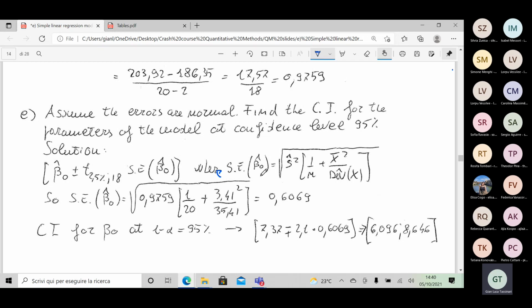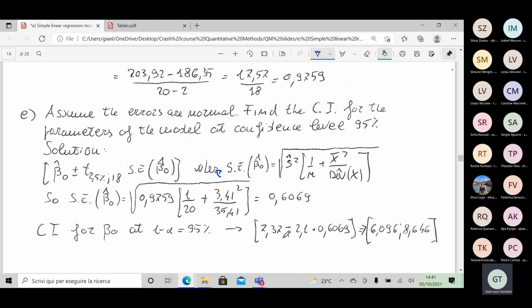So this is the standard error of beta 0: square root of S hat square times (1 over n plus x bar square divided by the deviance of x). So to build the confidence interval, first of all, I inserted here beta 0 hat, which has been estimated at point B, the estimate of beta 0, which is this one.